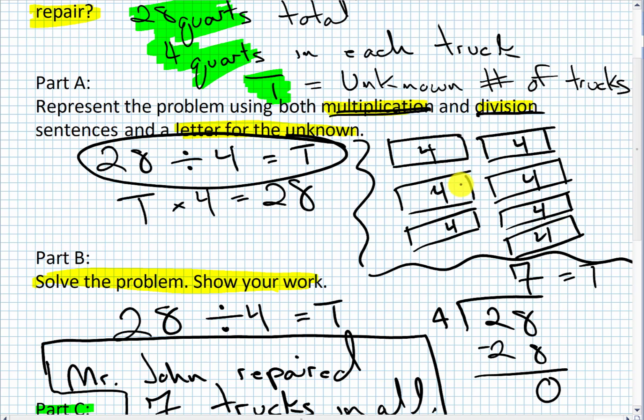So we have 1, 2, 3, 4, 5, 6, 7 trucks. And those 7 trucks in total use 28 quarts of oil, with 4 quarts of oil going into each truck.